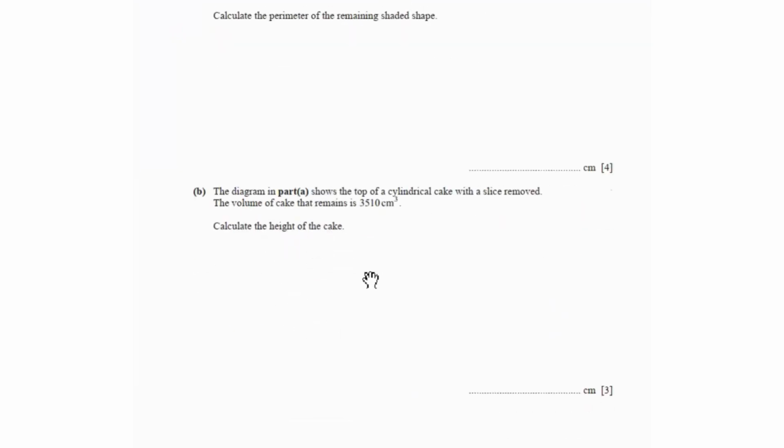Then it says the diagram in part A shows the top of a cylindrical cake with the slice removed. The volume of the cake that remains is 3,510 centimeters cubed. Calculate the height of the cake. So for that, we need the area. For the area of the cross section, we do 310 over 360 times pi times 12 squared, which equals 389.56 centimeters squared.